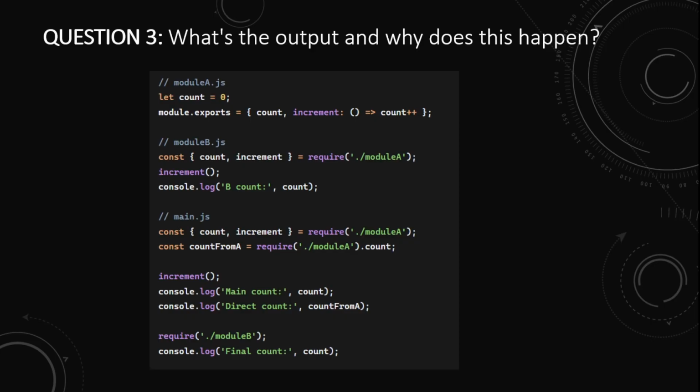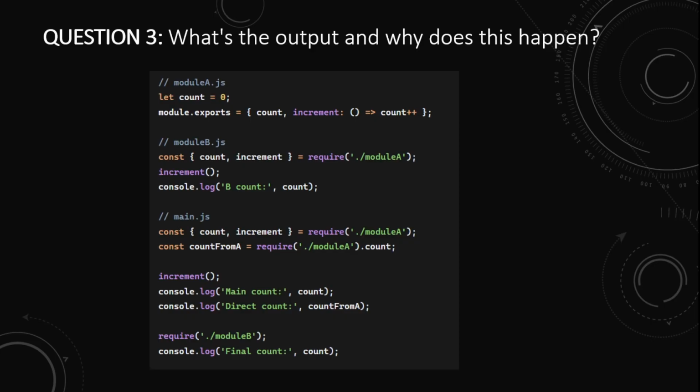So we have to find out the exact values of the count and countFromA so that we can arrive at a conclusion about what the exact values of these console logs are.